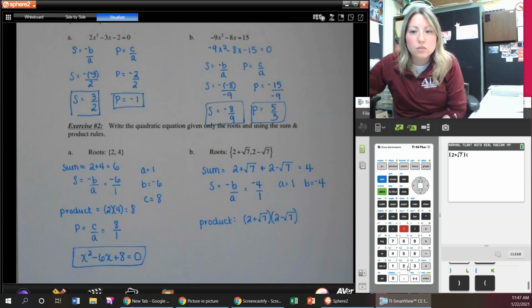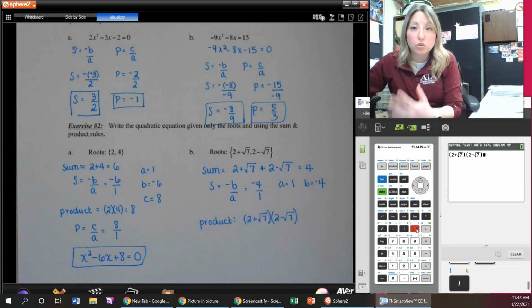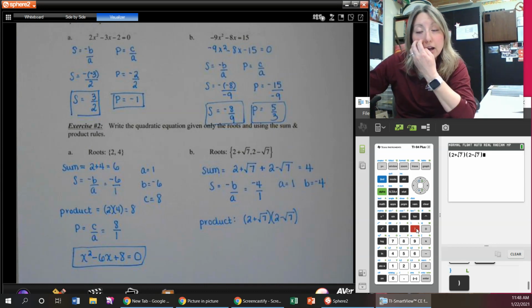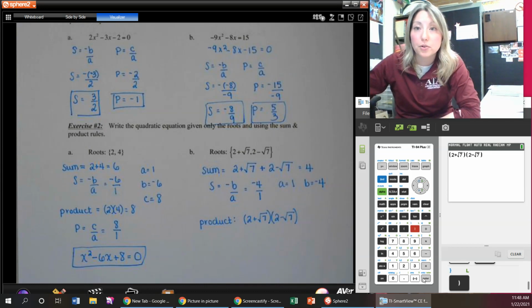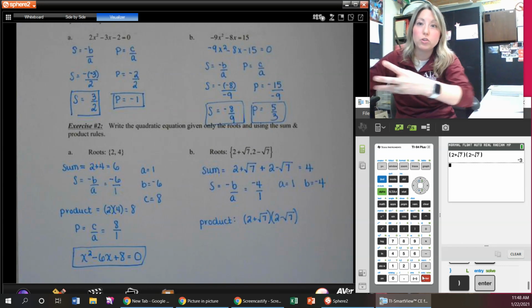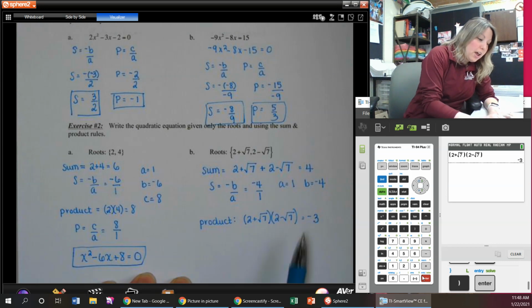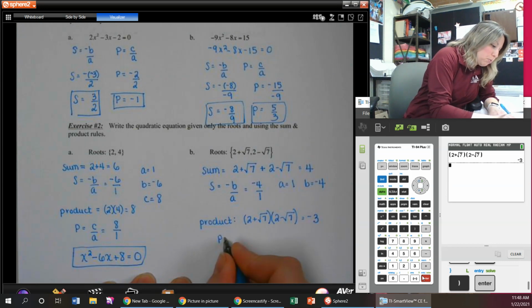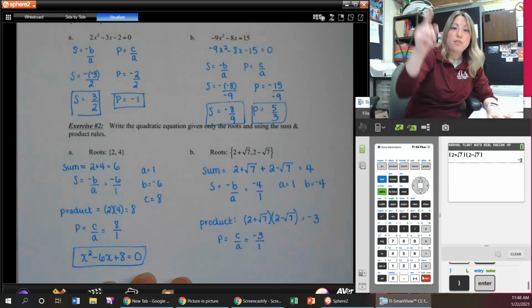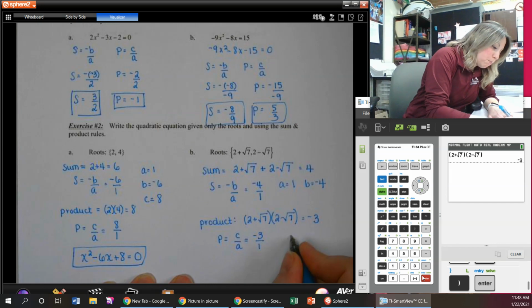It's one of the things for radicals that we're able to put into our graphing calculator to solve, because conjugates for radicals will multiply together to give me a rational number, which is -3. So that now confirms to me that because the product is c over a, and I got -3 over 1, that confirms to me that my a is 1, my c is -3, and I sub all that in.